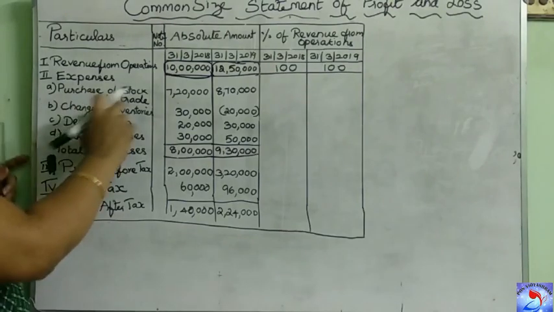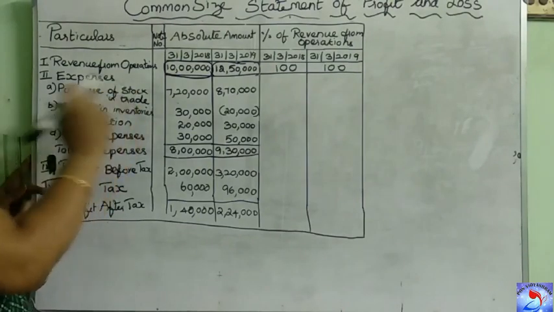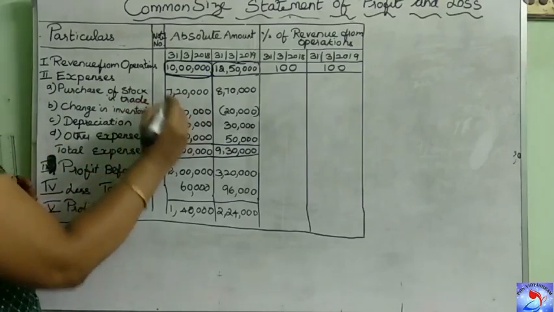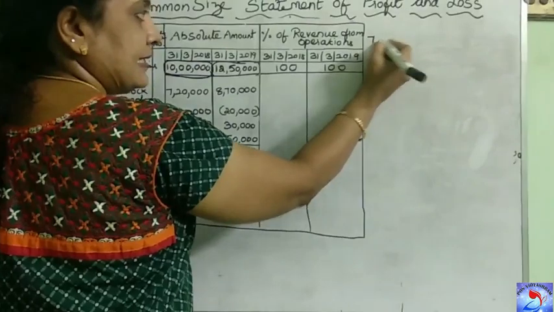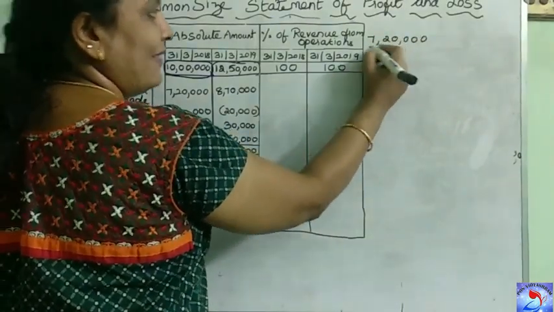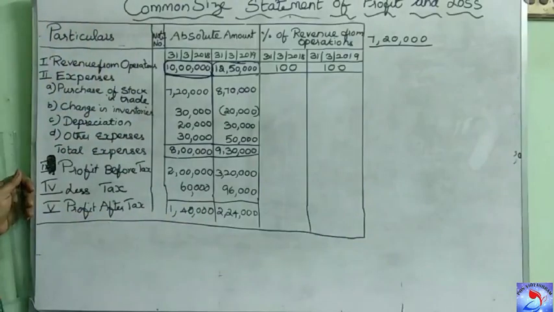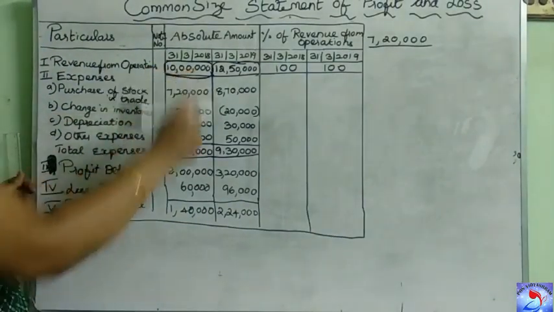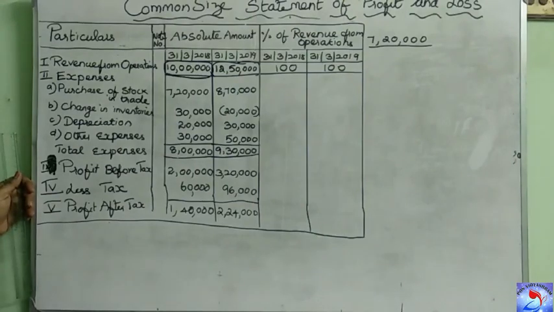Purchase of stock and trade: what is the amount? It is 7,20,000. What is the base to be taken? The base is revenue from operation.